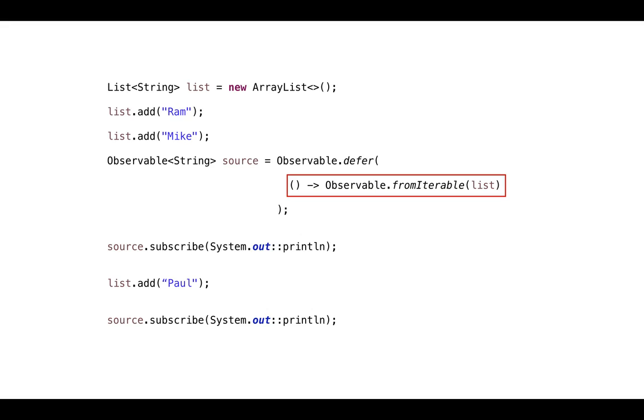So here we are supplying an observable using the fromIterable method and passing this list to it. Now an observer is subscribing to the source that prints each element. And after that, we are adding one more element to this list, so we are modifying the state of this list. And then again, we are subscribing to the source. But this time, it will print Ram, Mike, and Paul. So it also accounts for the state changes.